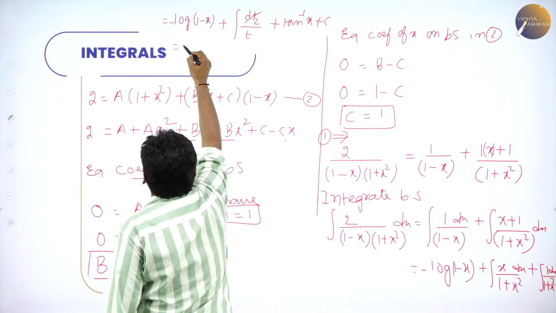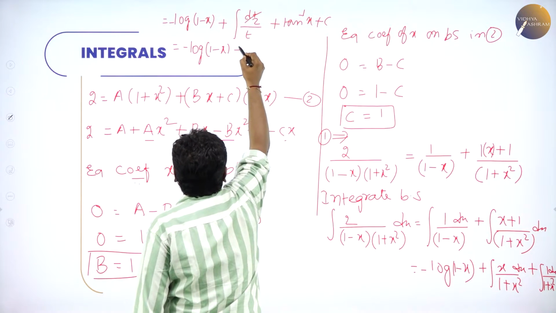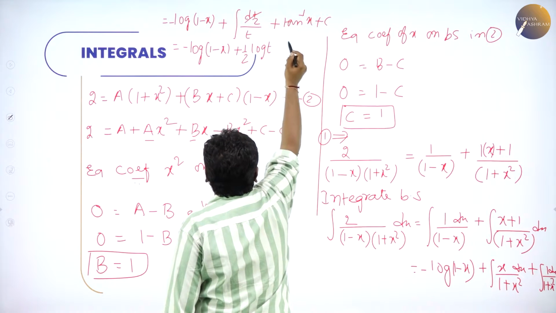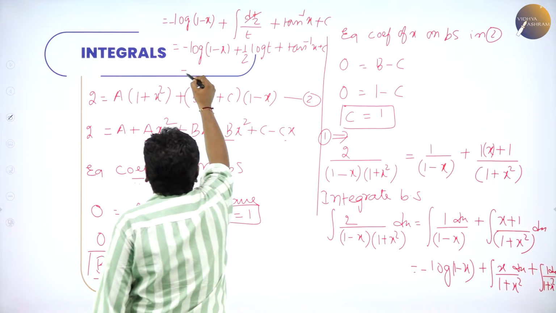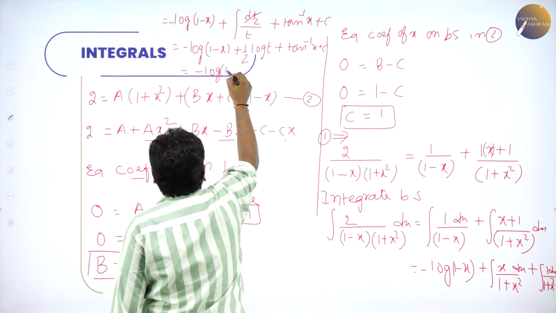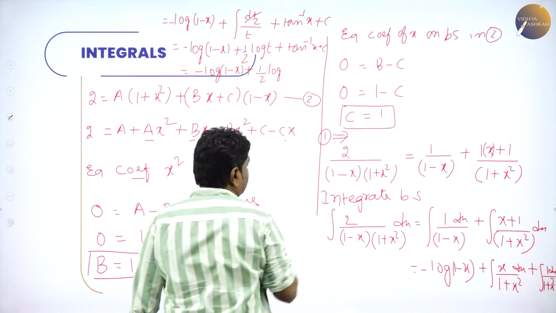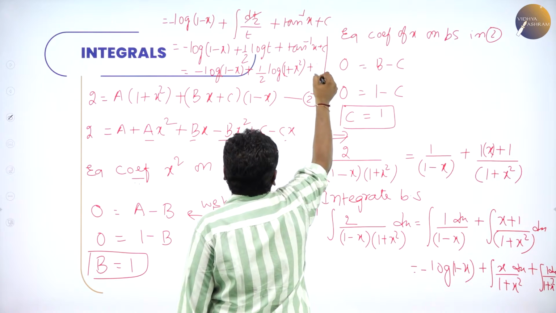This is minus log 1 minus x plus 1 by 2, constant take it out. Integration of dt by t is log t plus tan inverse x plus c. That is minus log of 1 minus x plus half log t. T means denominator. What is the denominator? 1 plus x square plus tan inverse x plus c.